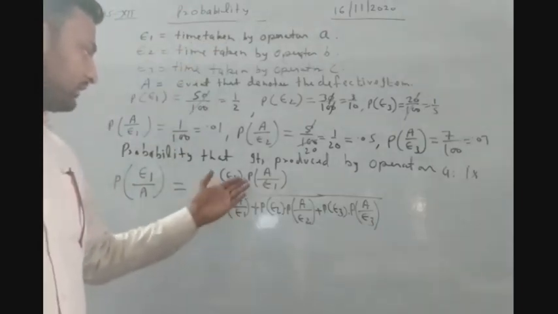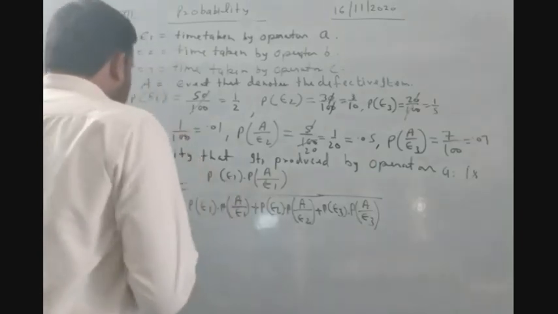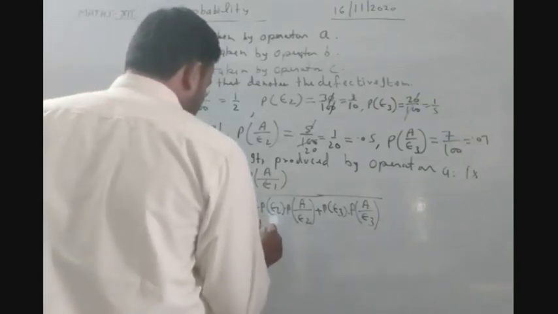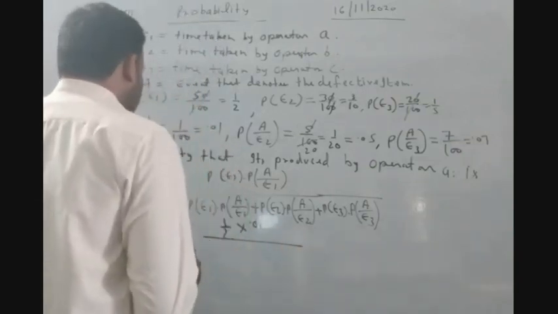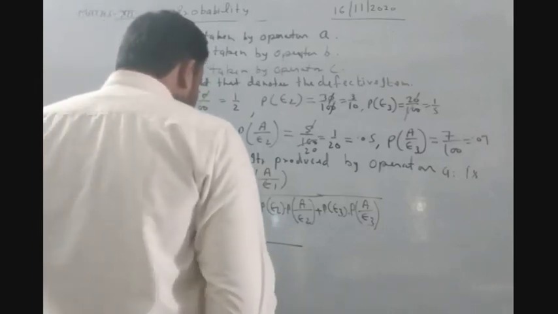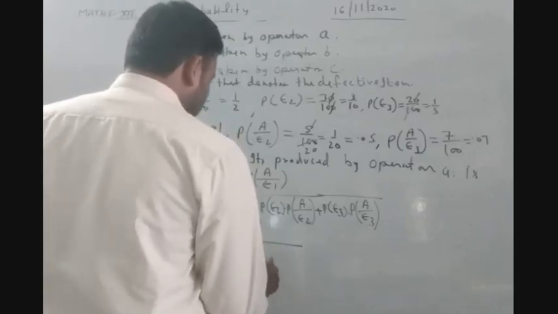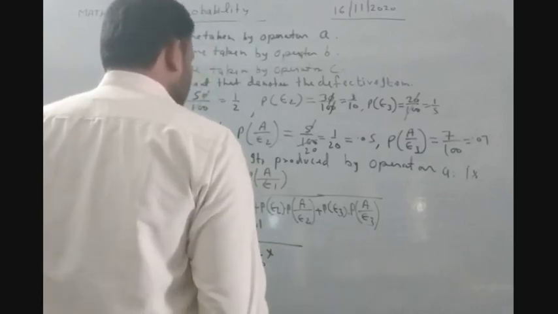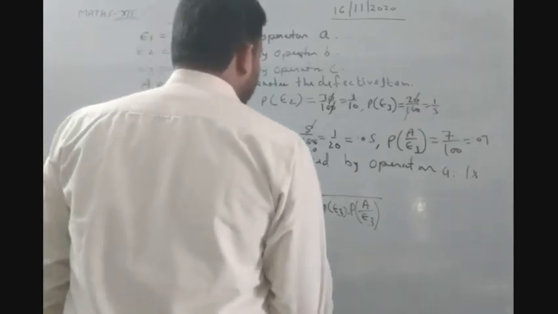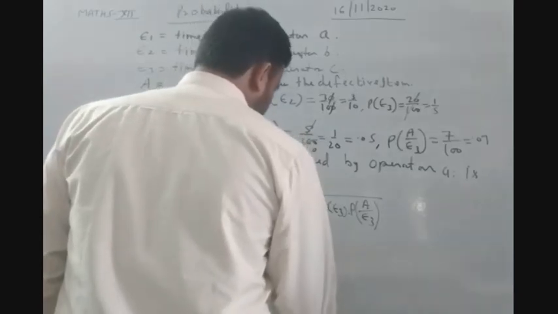Now we will put in the values we have found. Probability of E1 is 1 by 2, probability of A by E1 is 0.01, and this is divided by probability of E1 is 1 by 2 into 0.01 plus probability of E2 is 3 by 10 into A by E2 which is 0.05 plus probability of E3 is 1 by 5 into 0.07.